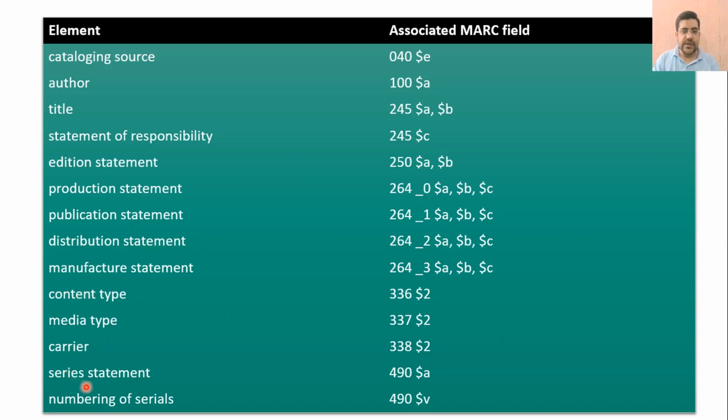And for the series statement we'll use 490, and for numbering of series we will use 490 $v as a subfield code, and that's all. So if you want to read more about MARC, there is lots of literature available on the internet, so you can find it, or you can contact me if you want to learn more about MARC and RDA.